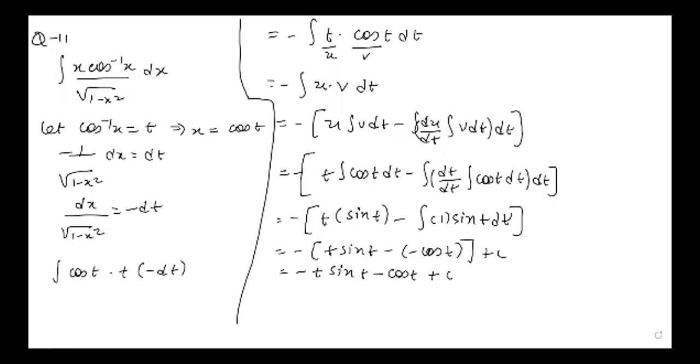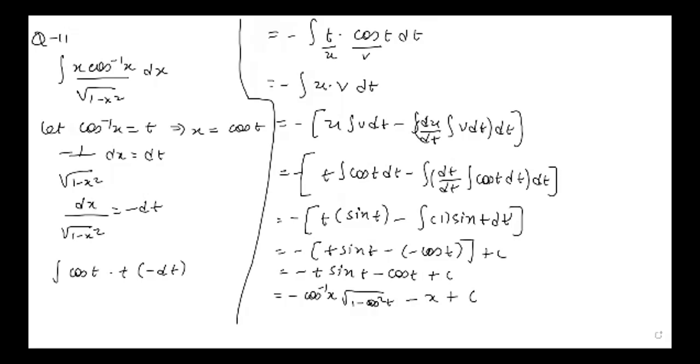So I will replace this value t as cos inverse x, whereas I can write this as 1 minus cos square t, and this cos t is x, plus c.